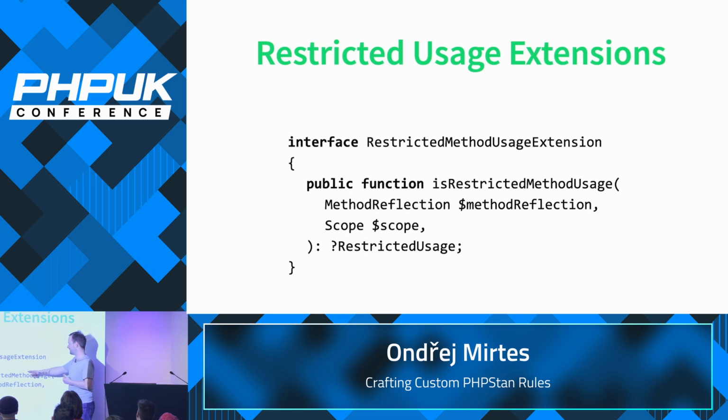This interface accepts a method reflection and a scope, and you can just write the logic: is this method allowed to be called from this scope, and it's much easier.